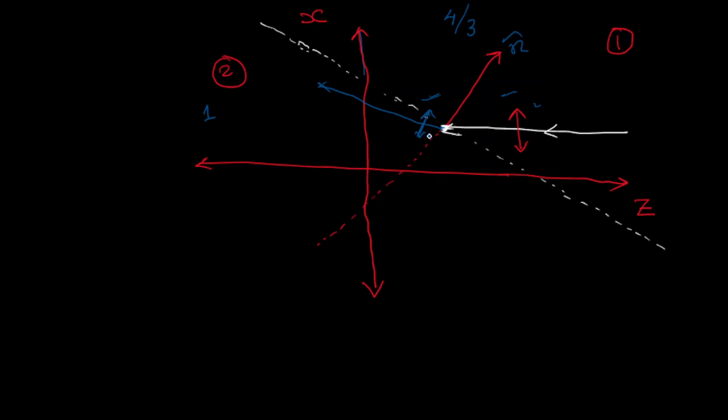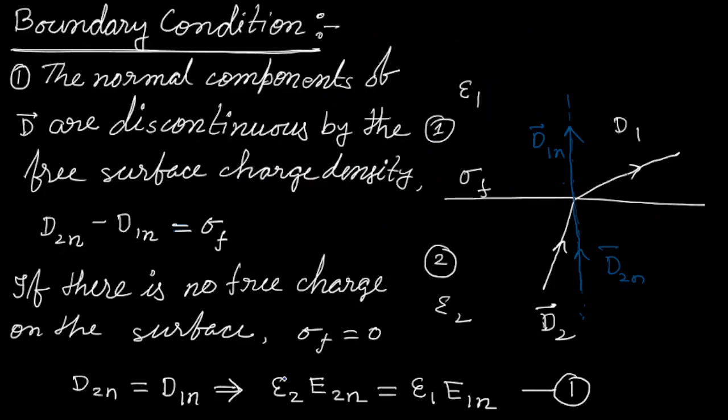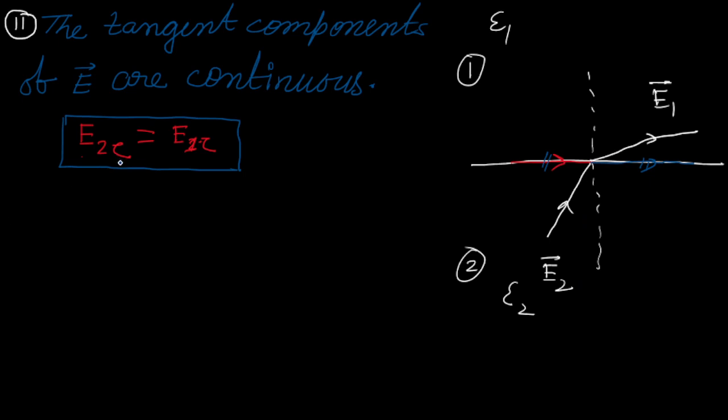To calculate this, we will use these two boundary conditions. According to the first boundary condition, the normal component of the displacement vector will be continuous, and according to the second boundary condition, the tangent component of the electric field will also be continuous at the interface.